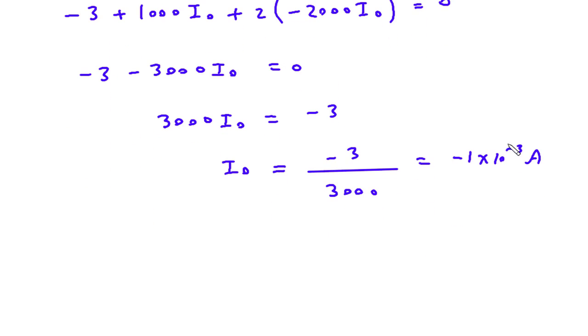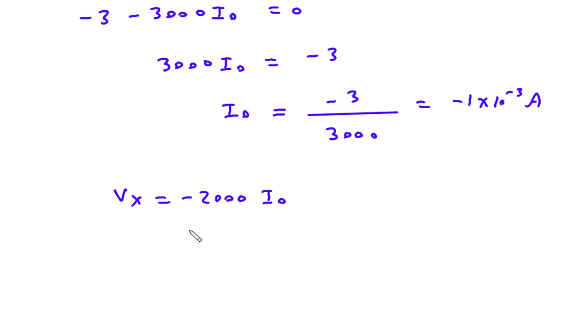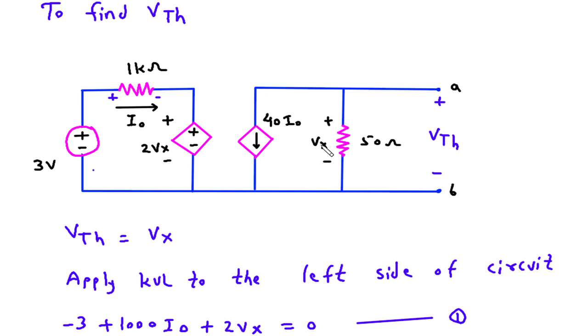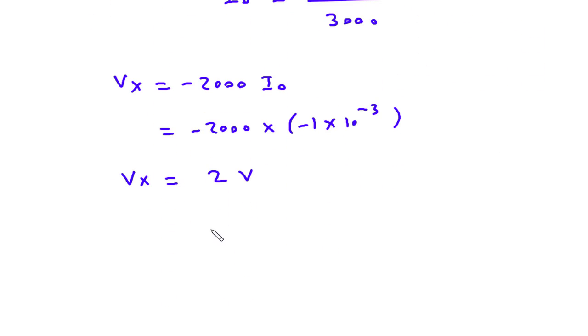So Vx is equal to minus 2000 into IO, which is minus 1 into 10 raised to the power minus 3. So Vx is equal to 2 volt, and VTh is equal to Vx. Therefore VTh will be equal to 2 volt.